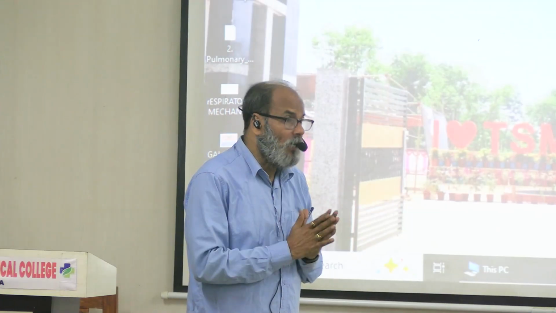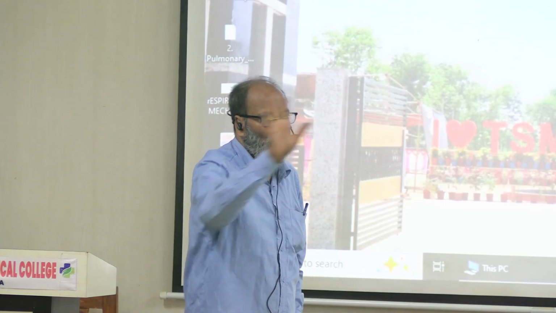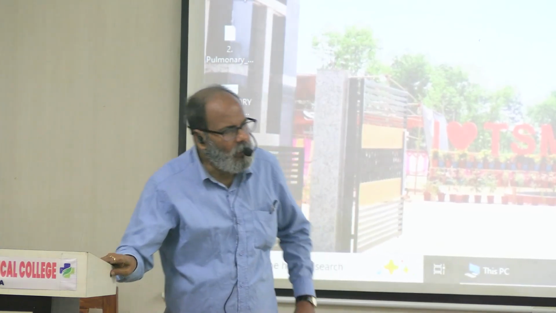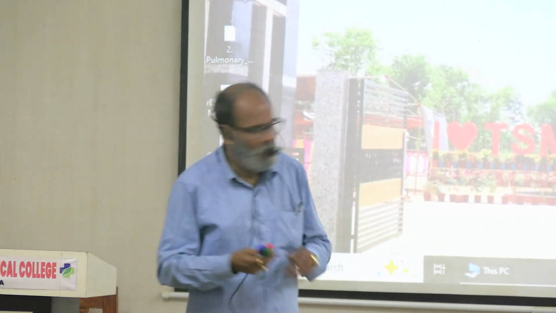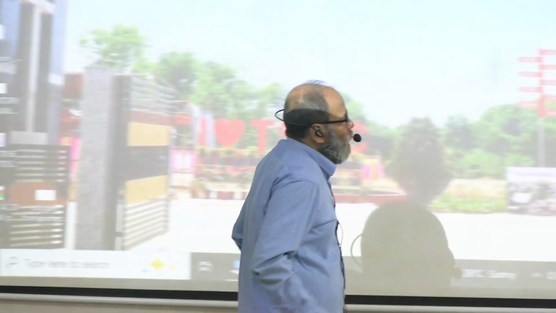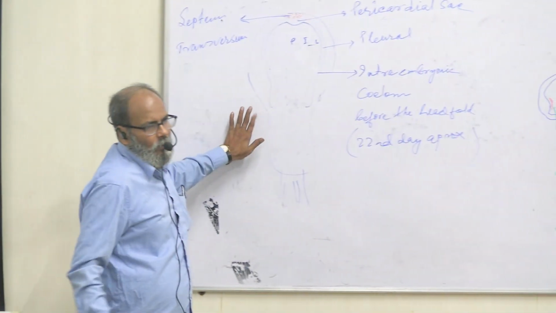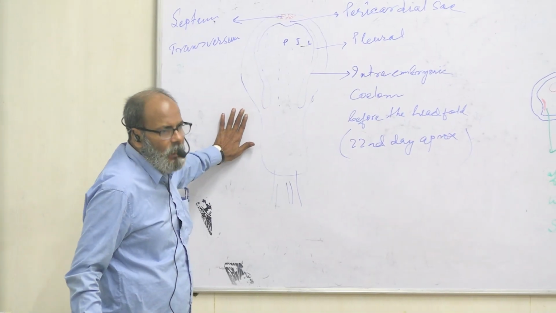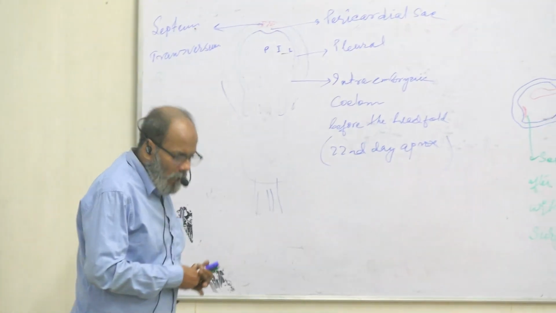And the lowest part fuses with each other after the head fold. After the lateral fold, these 2 coelomic cavities fuse with each other, giving rise to the peritoneal cavity, or the abdominal part of the intraembryonic coelom. What is my point? And when this head fold occurs, we have seen the septum transversum initially at the cranial end of this pear-shaped embryonic disc.